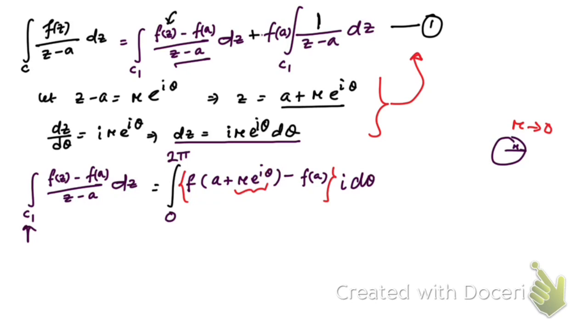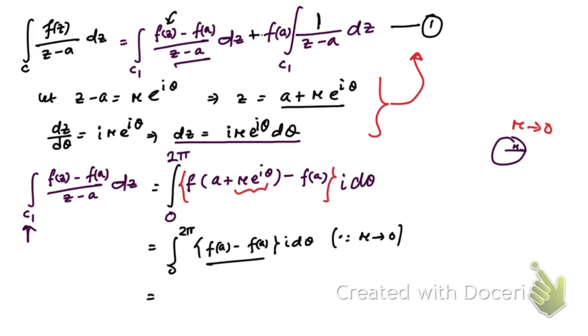So here we can write the integral from 0 to 2 pi of f of a minus f of a, multiplied by i d theta, since r tends to 0. We can write it that way. So if that is the case, it's definitely 0, so we have got this part equal to 0.